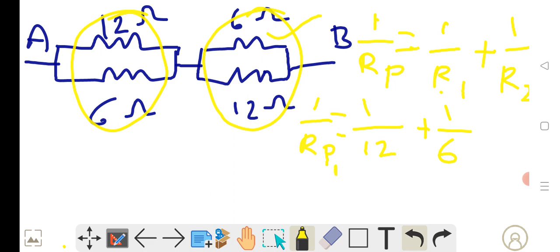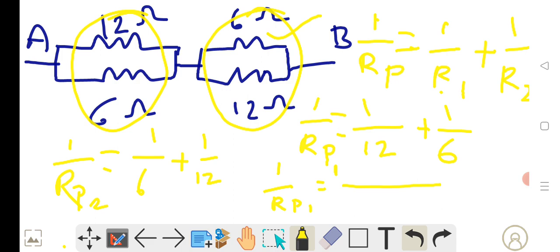So 1 by Rp1 also you will have same. In the same way 1 by Rp2 I am writing here, you will have 1 by 6 plus 1 by 12. Now if you solve this, 1 by Rp1, you will have LCM 12. 12 will go in 12 one time, so 1 into 1 is 1. The 12 will go in 6 two times, so 2 into 1 is 2.